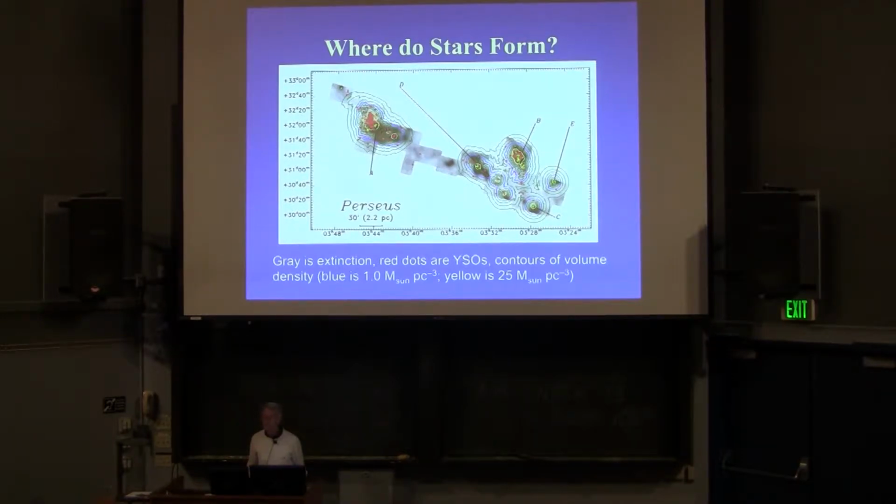So you see the strong concentration, and you furthermore see that the grayscale behind it is a map of the extinction made with all the background stars. The great majority of infrared sources we see in these clouds are actually background stars, and sorting those out requires using all the color information. But with those, you have many objects in which to probe the extinction. And so by smoothing over those, you can get a map of the extinction. You see that the star formation is very highly correlated with regions of high extinction.